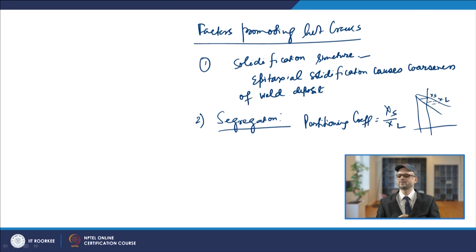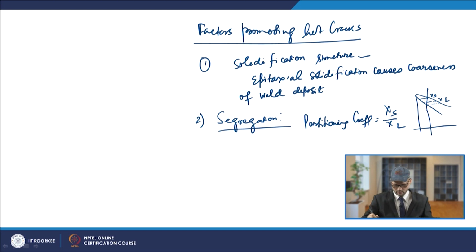So, you will have XS upon XL, and it will be either less than 1 or more than 1, depending upon how the binary phase diagram looks. The slope may be positive or negative, in fact, not more or less than 1. Because of these partitioning coefficient values, you will have the alloying constituent present in the weld deposit.